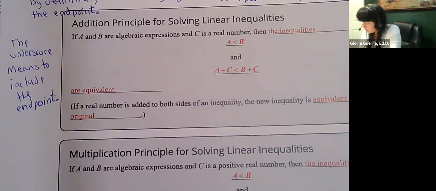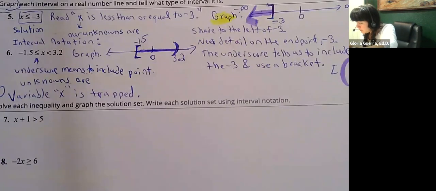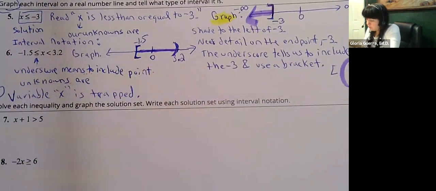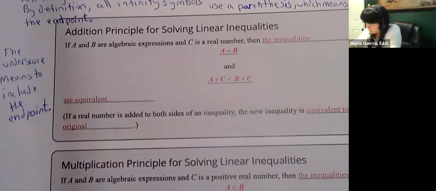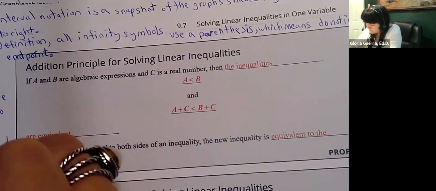So the underscore means to include the point. See the bracket. So I can put here, the underscore means to include the point. You want to use a bracket.